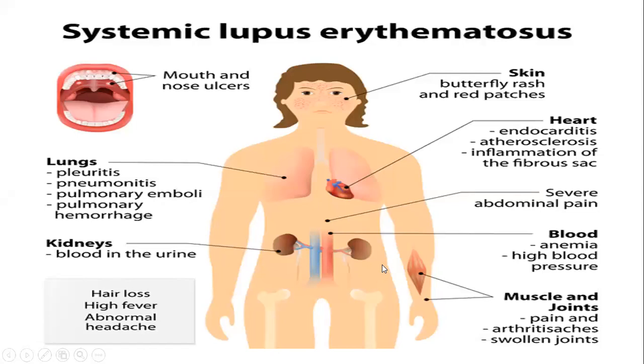So when you have autoantibodies directed to many organ systems, this produces systemic manifestations depending on which organs are affected. If it affects the skin and the face, this may produce a butterfly rash in the face, or red patches.